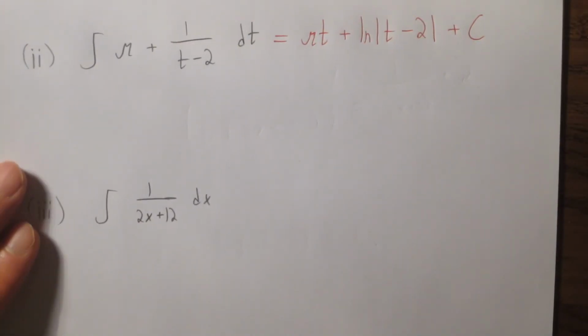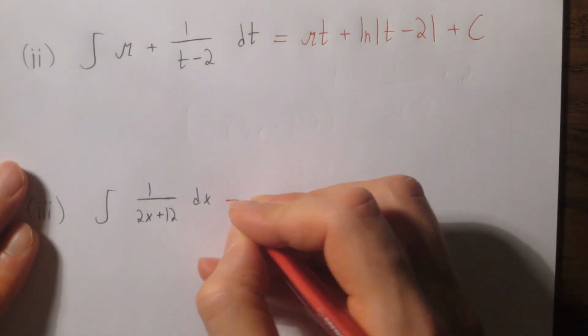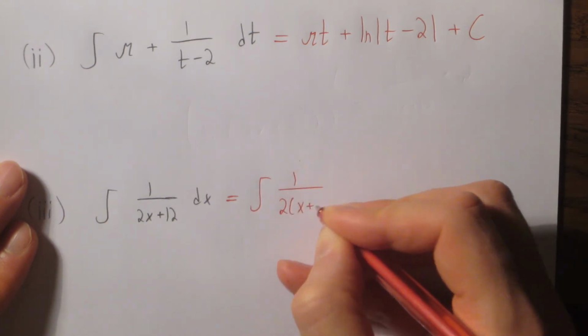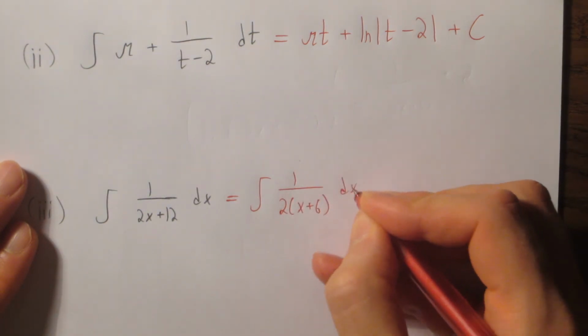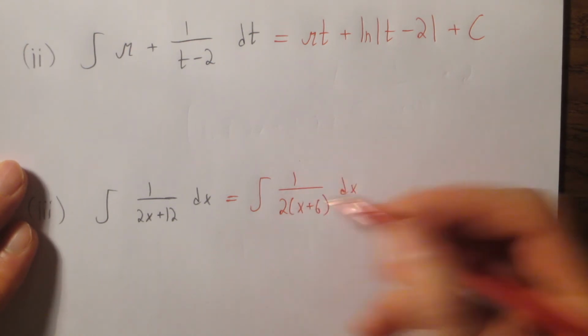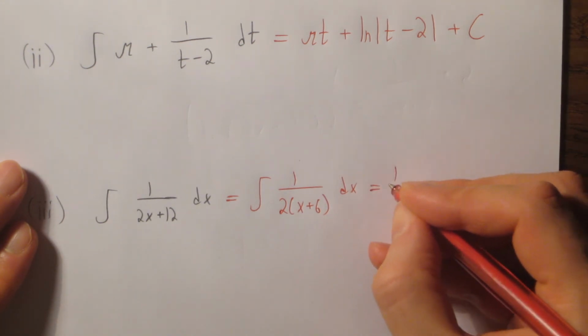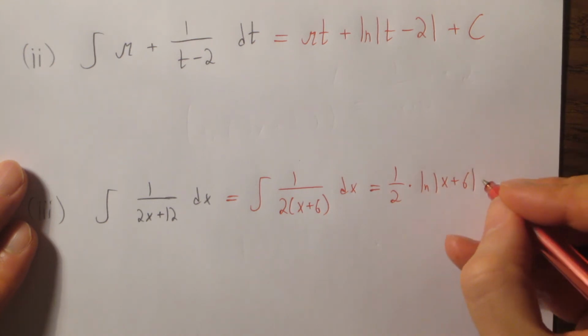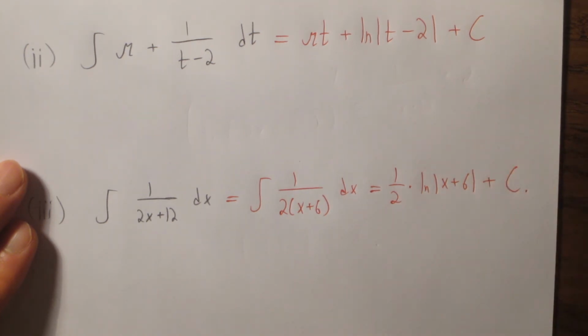So how do you evaluate this integral then? Well, one trick is to rewrite it to break out 2, because then the derivative of x plus 6 is 1, and multiplying by 1 doesn't screw things up. And now you can think of the half as just hanging around. So that's one way to get the answer.